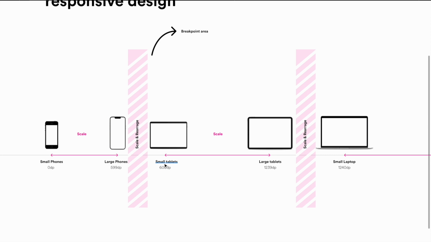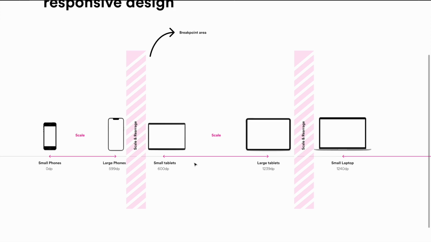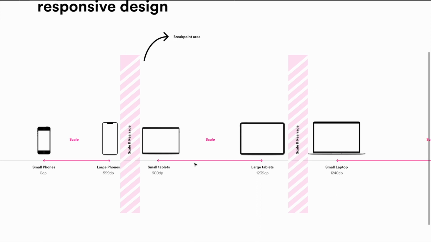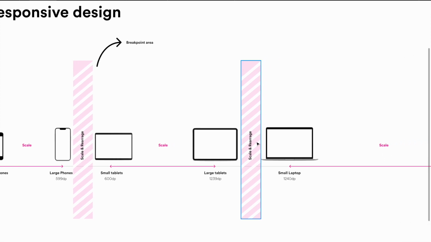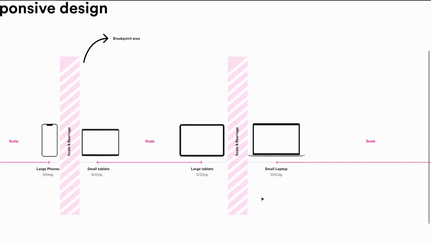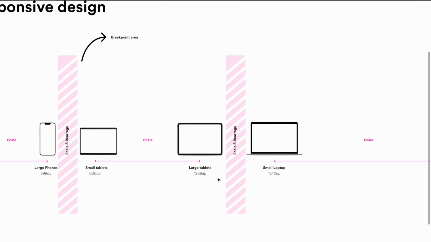Again, from 600 dp to 1239 dp, you're still technically in the tablet regime, and you again scale things up between these sizes. Once you hit the breakpoint area where you move from tablets into laptop territory, you scale and rearrange things.